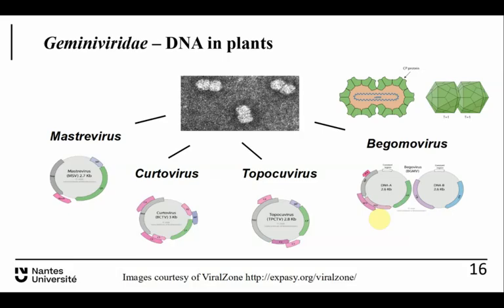DNA B has two open reading frames involved in movement of the virus genome. NSP is a nuclear shuttle protein, which takes the genome out of the nucleus and into the cytoplasm, and BC1 is the movement protein, which will transfer it to the next cell. Neither one of these molecules of DNA can replicate on its own. They both need to be present in an infected cell for the virus to replicate effectively.